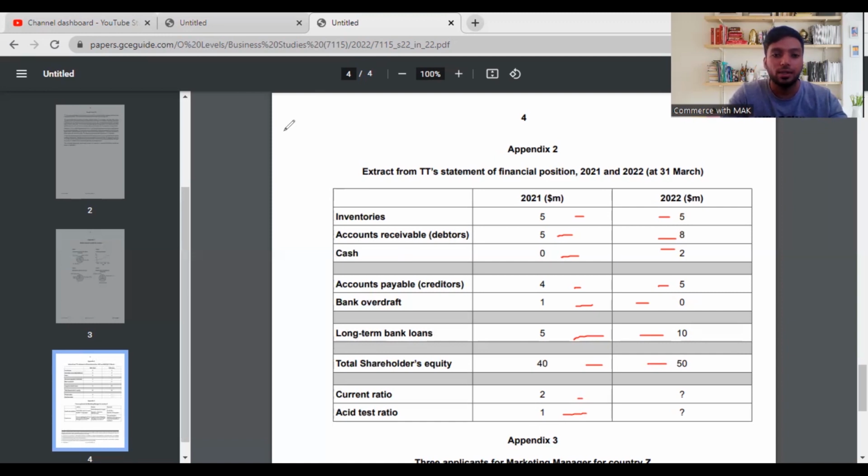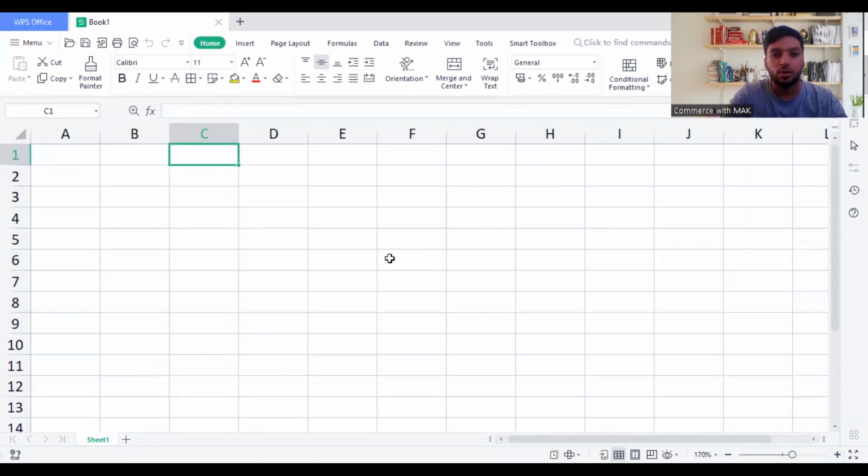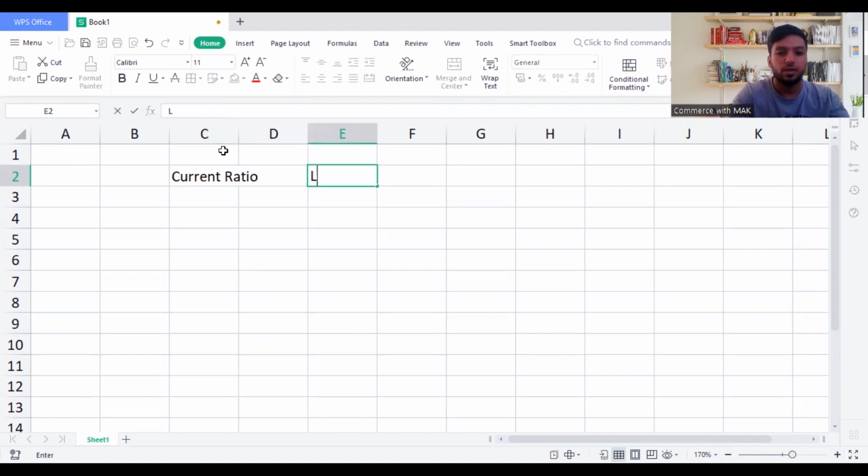So now I'm going to calculate the two things. First of all, calculate whatever they have asked you to calculate. Then it's easy for you to find the difference, to actually say the difference, what is happening on the point. So I'm going to write here current ratio and then liquid ratio or acid test ratio.